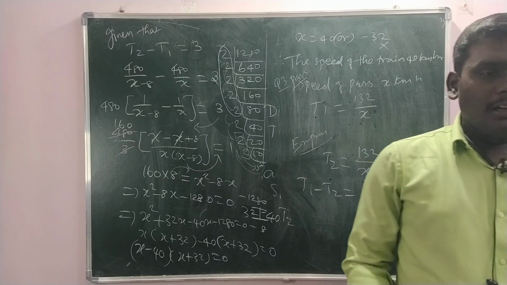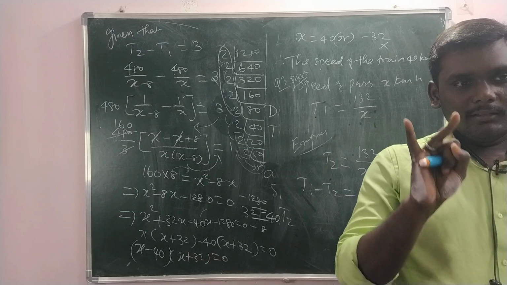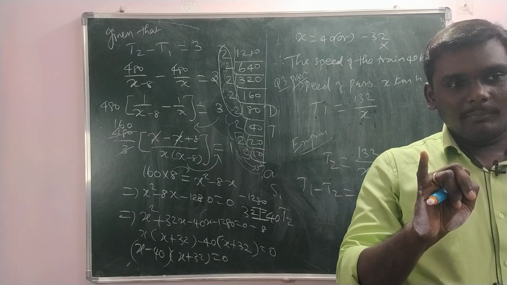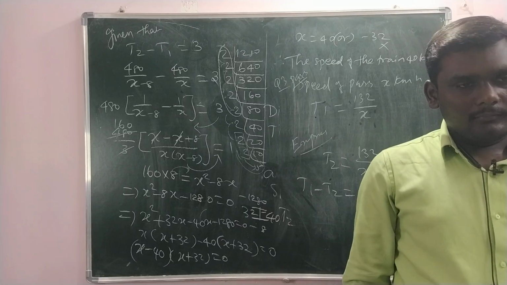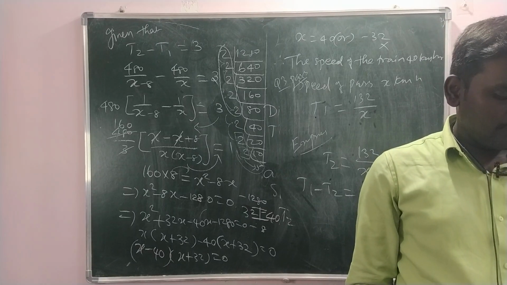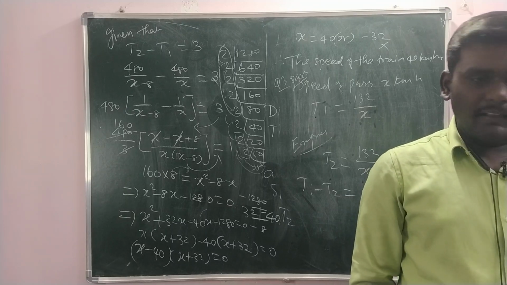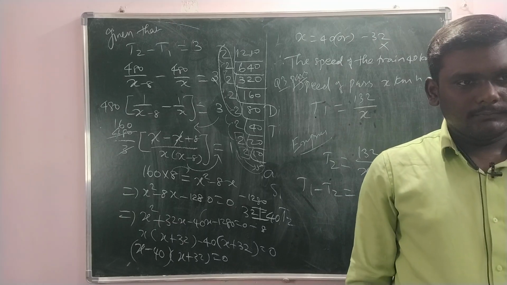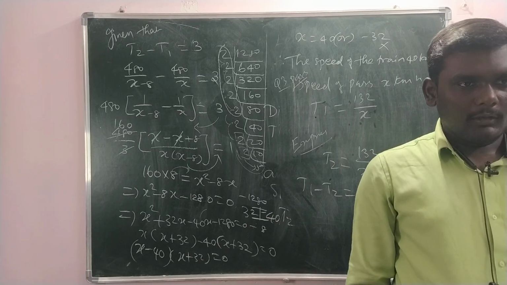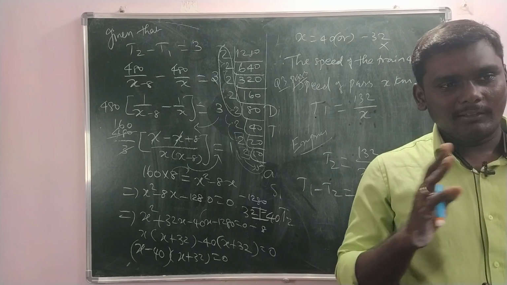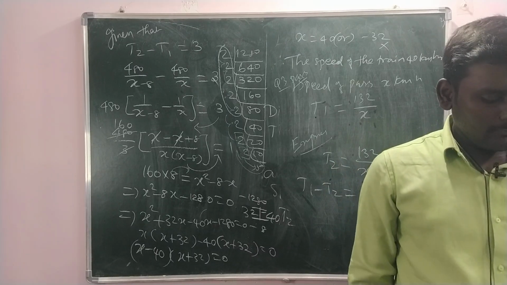Come on. What is the usual speed? What is the increased speed? And then time taken at usual speed, time taken at increased speed. Speed of the plane is x km per hour. When the speed is increased by 100 km, it is x plus 100 km per hour. Then write it, come on.